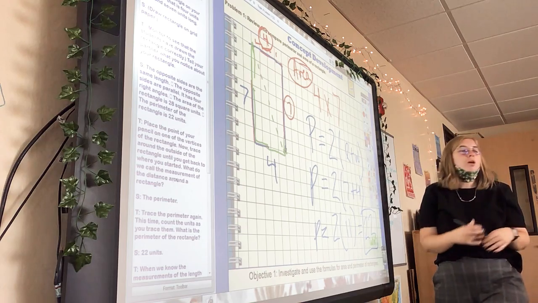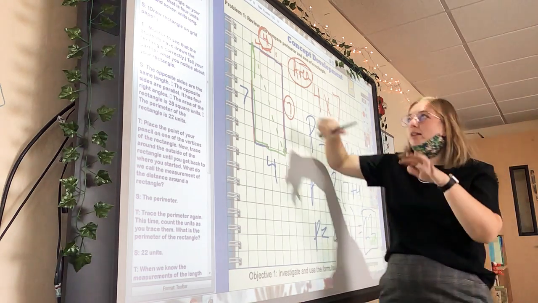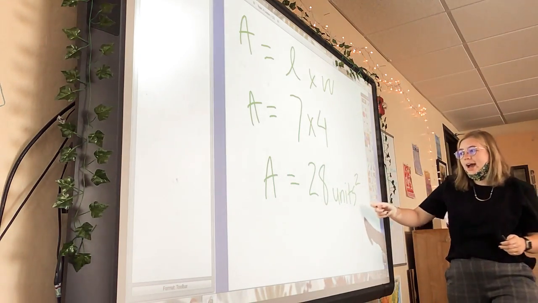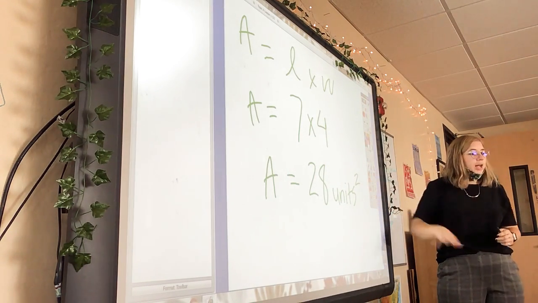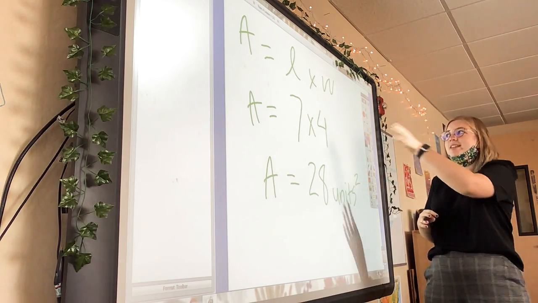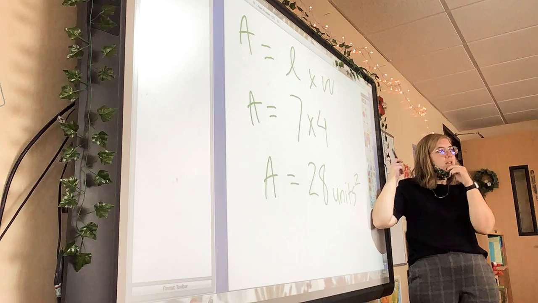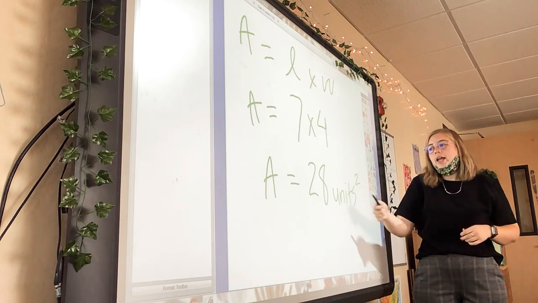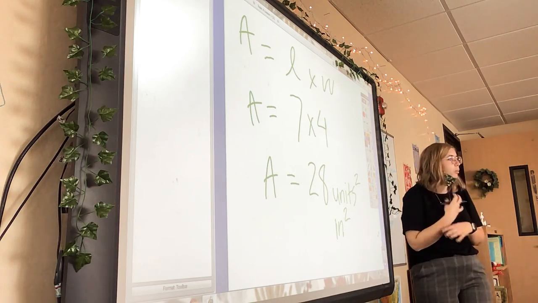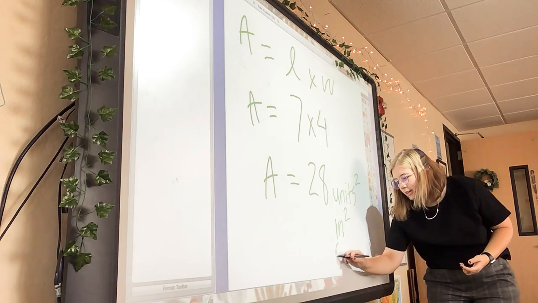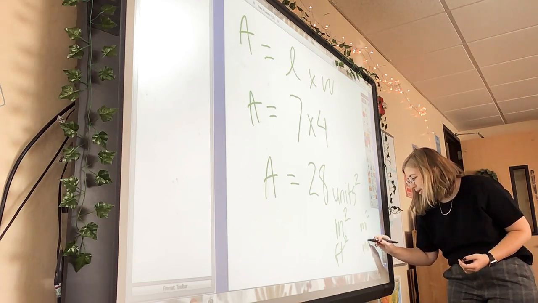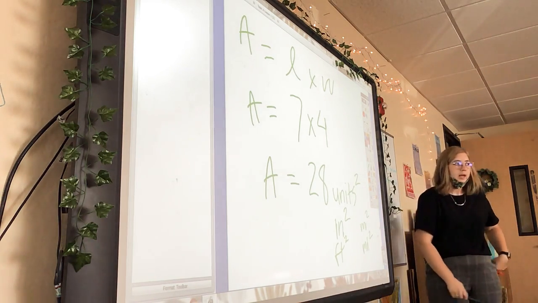And you'll talk more about that in 5th grade, but bottom line, your answer to an area problem is not finished until you have squared in there. It doesn't matter if you're measuring with feet or inches or anything like that. Let's say with this example, we're doing 7 inches times 4 inches, right? It would be 28 inches squared, okay? It doesn't matter what unit. It could be feet squared, meters squared, miles squared, right? So on and so forth, okay?